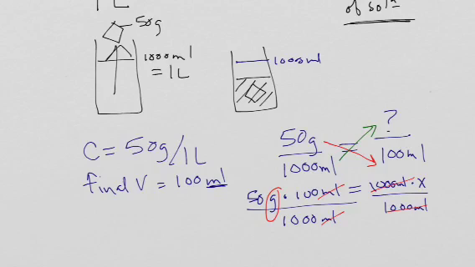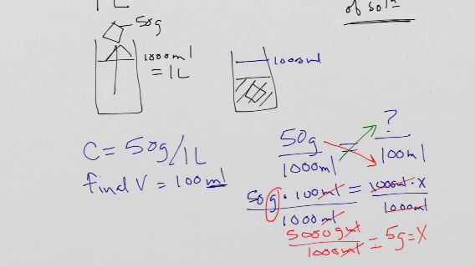So you can look at this, and if we multiply, that ends up being 5,000 gram milliliter over 1,000 milliliters, right? Which ends up being equal to 5 grams, which is equal to x.